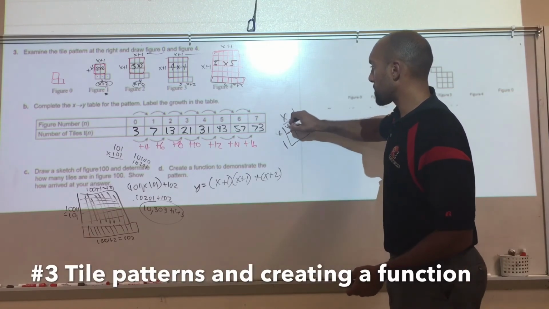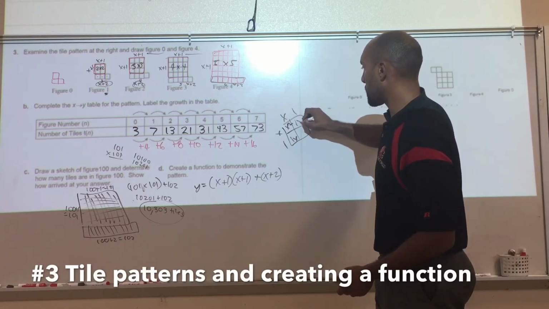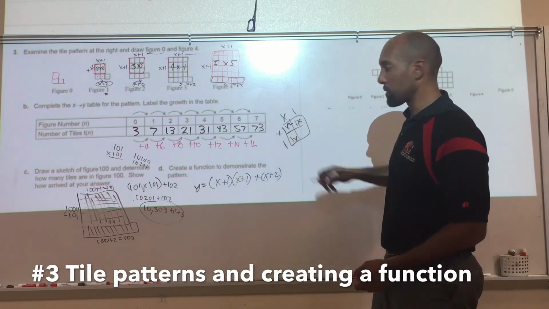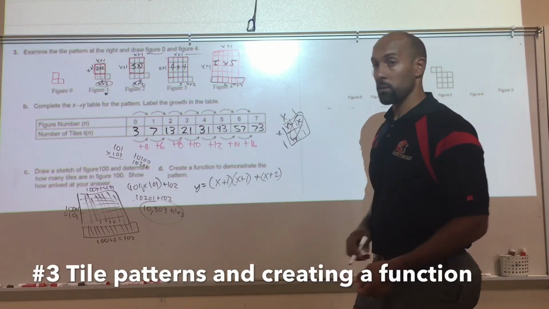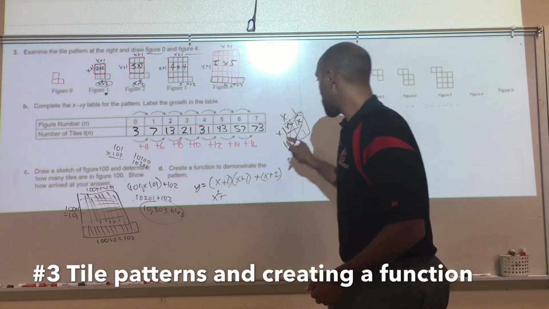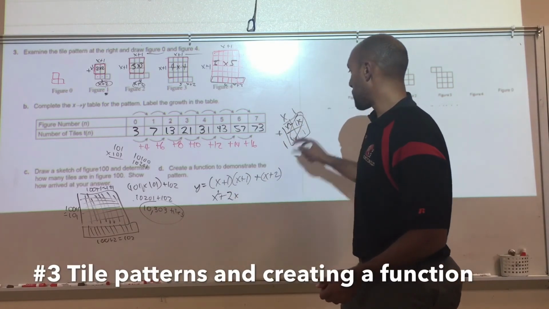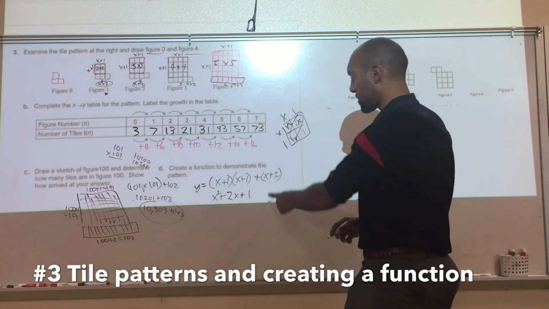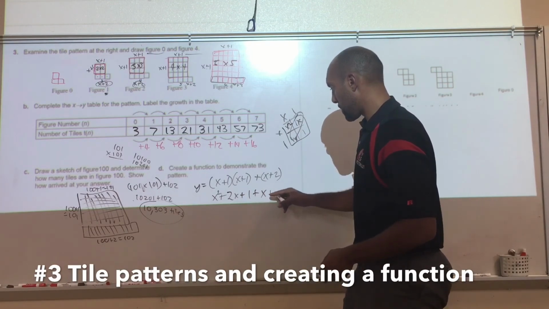So x times x is x squared, x times 1 is 1x, 1 times x is 1x, 1 times 1 is 1. And then remember, we add up those terms in the middle. So this will be x squared plus 1x plus 1x is 2x, and then plus 1. And I can just take these parentheses down and add x plus 2.